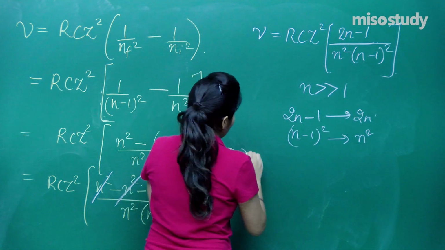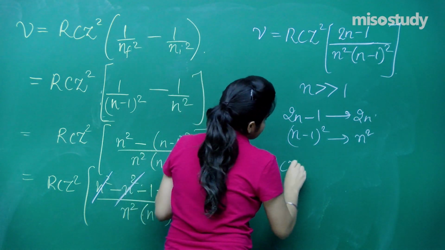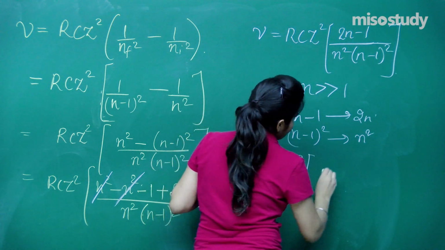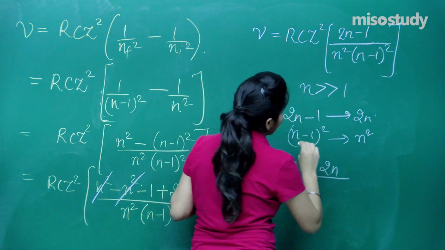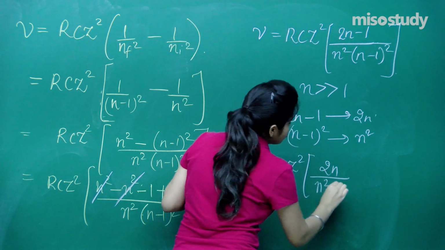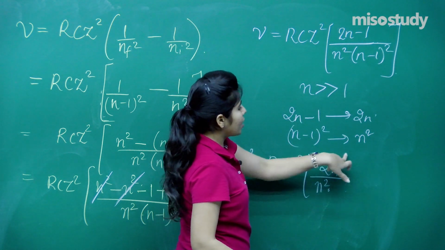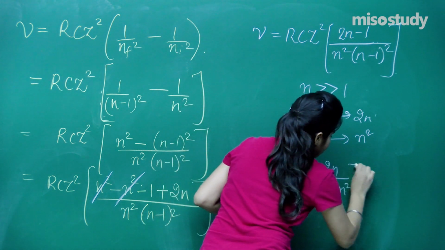So we will now write it as RC(Z) square into 2n divided by n square into (n minus 1) square, that means n square.